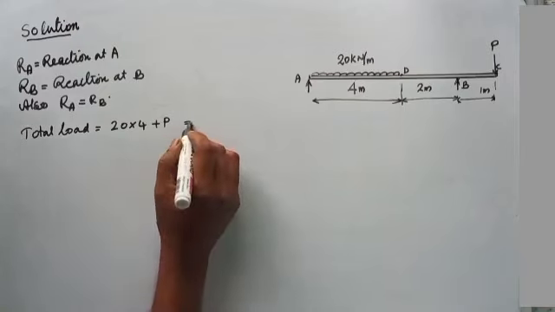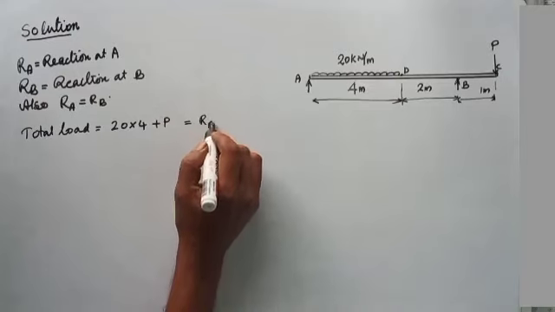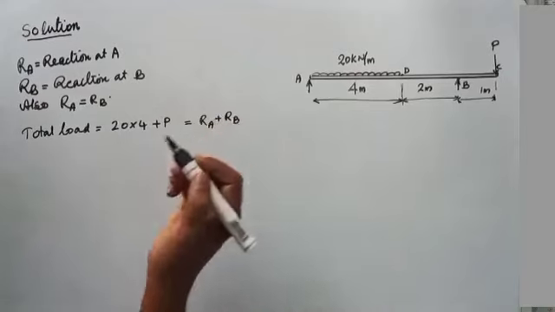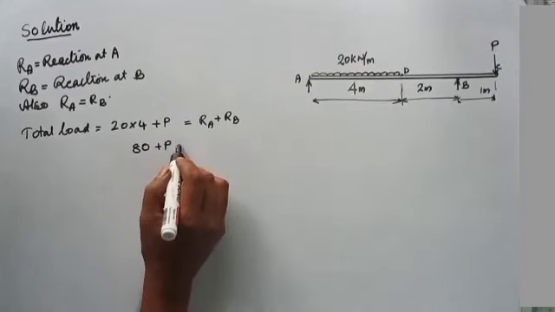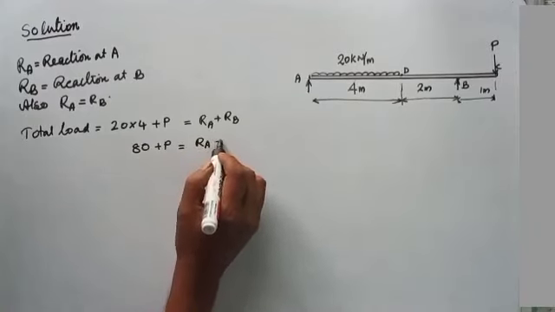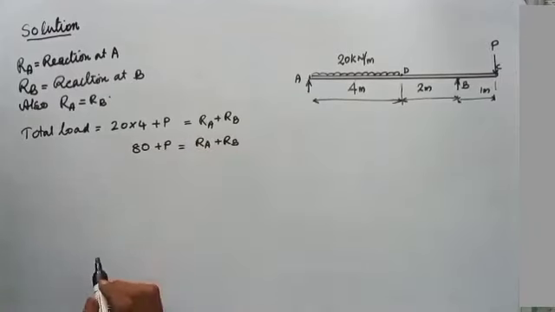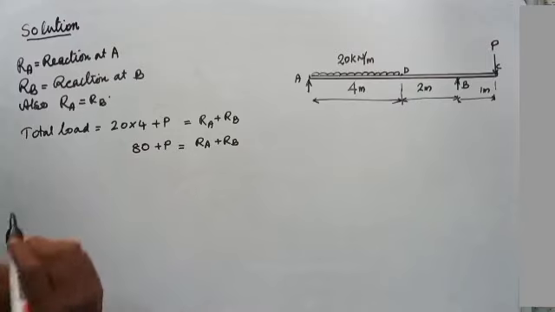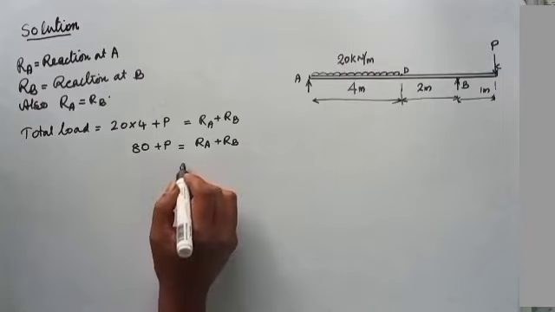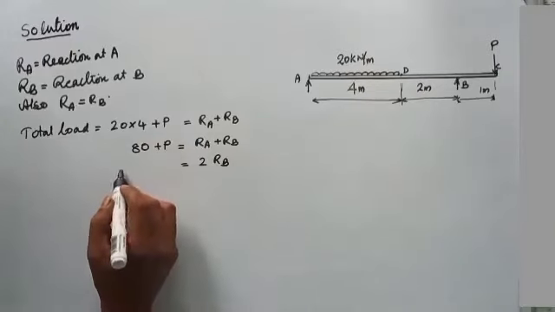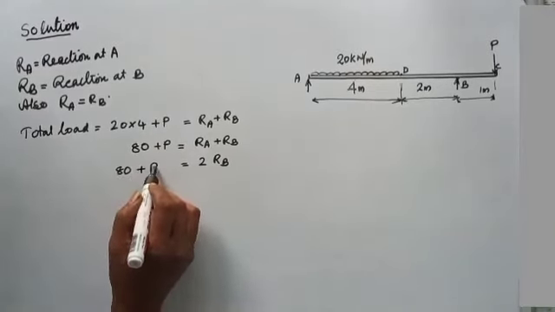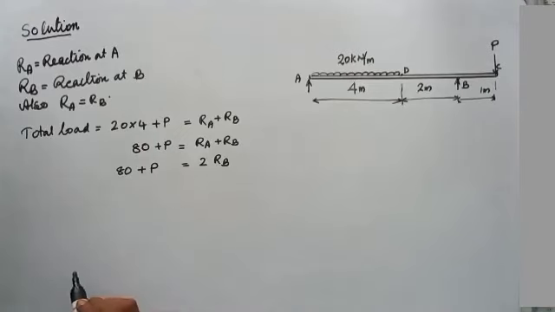So this will be equal to RA plus RB. That is 80 plus P equals RA plus RB. But since RA equals RB, we can write this as equal to 2 into RB. That is 80 plus P equals 2 into RB.